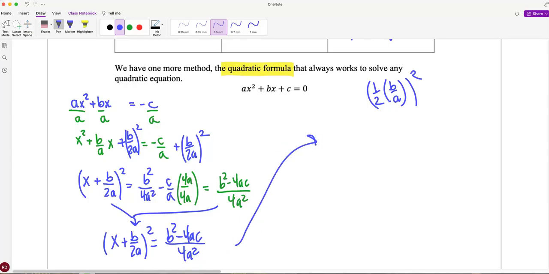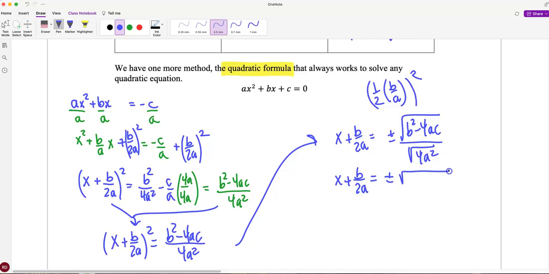Now you take the square root of both sides, and you get x plus b over 2a equals plus or minus the square root of b squared minus 4ac over the square root of 4a squared. The square root of 4a squared is 2a.